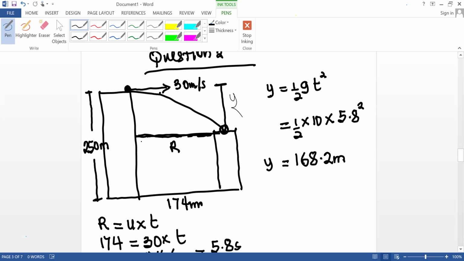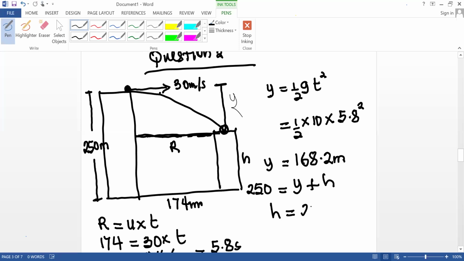Sir, so we could also see that the height of the tower, which is 250, is equal to y plus the height of the building, which we don't know. Y is 168.2.